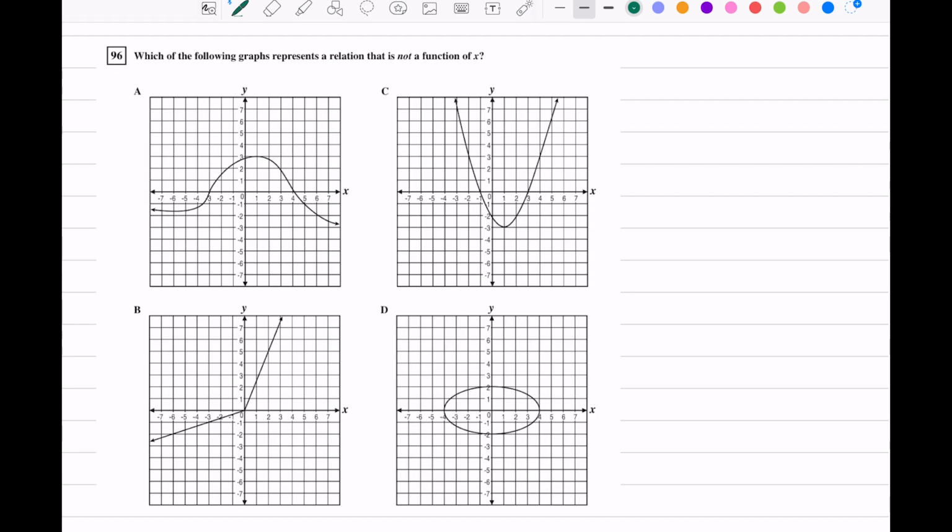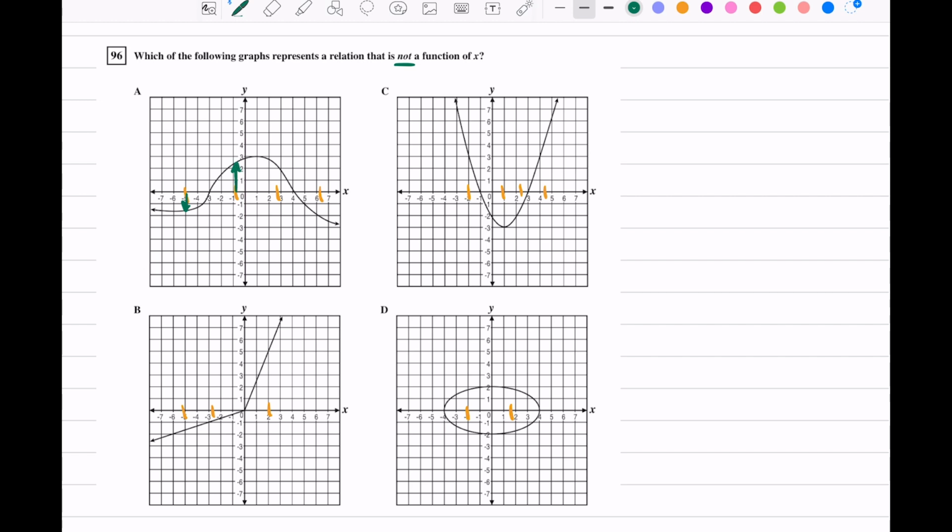Which of the following graphs represents a relation that is not a function of x? So we want to find which is not a function. So a function is when each x is associated with one y. So we can mark some x's along each graph and see how the y's behave. On our first graph, our first x is associated with one y.